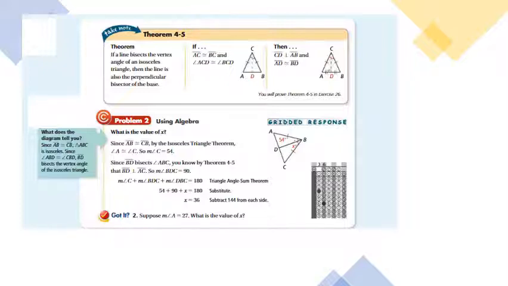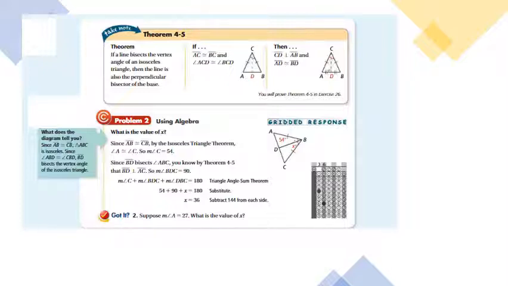So if I have this 54 and here 90, can I find this? Of course, yes. By using what? We know that the sum of the angles in a triangle equals 180, is it right? So to find x, we need to add this number to 90 and to this, equal 180.